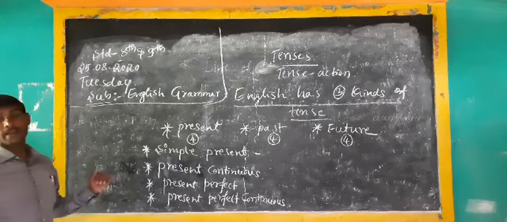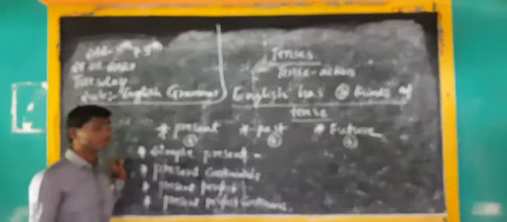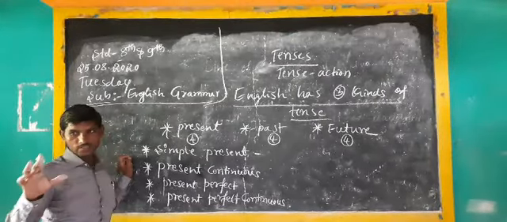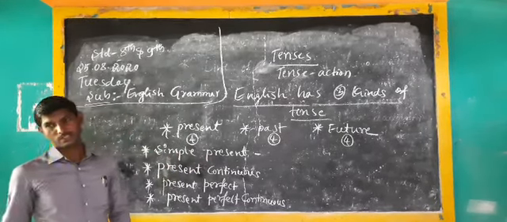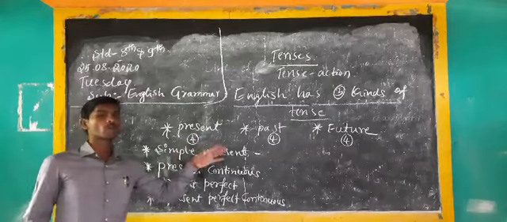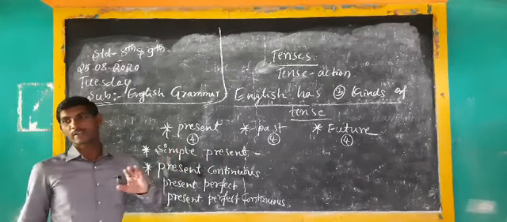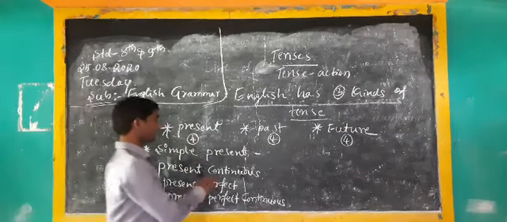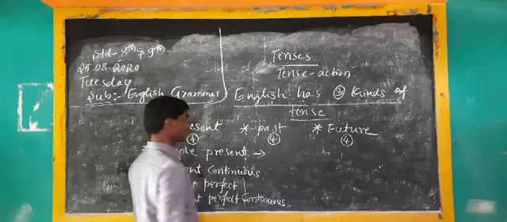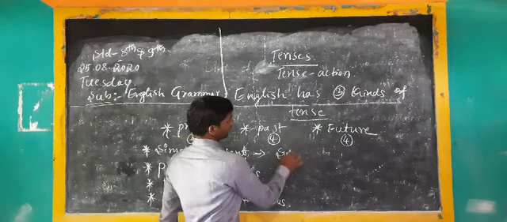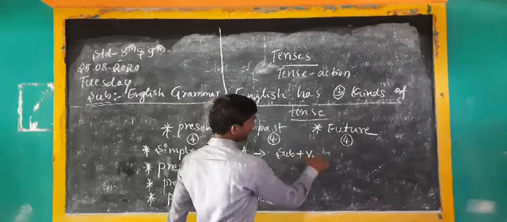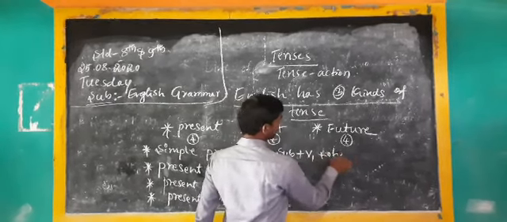So, in this manner, we have to observe how the simple present or indefinite present tense works. This simple present has one more name, that is indefinite present tense. In this indefinite present tense, it contains subject, V1 and also object.